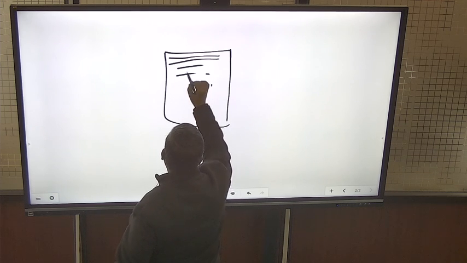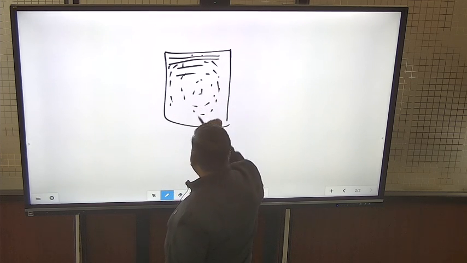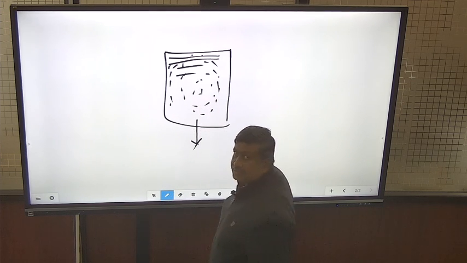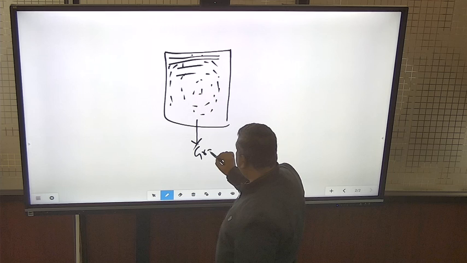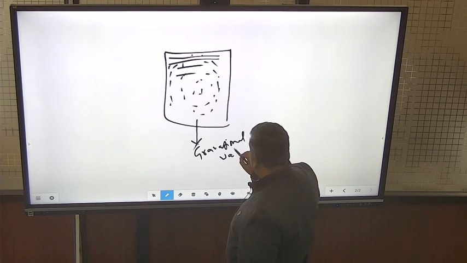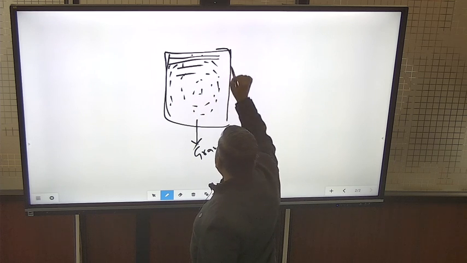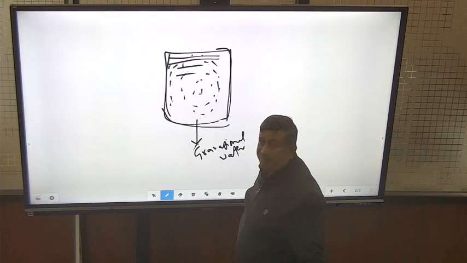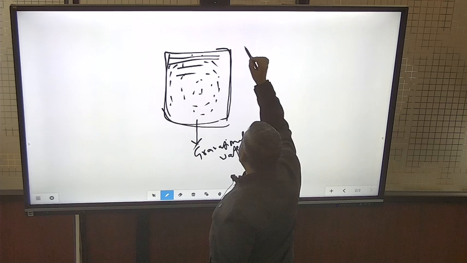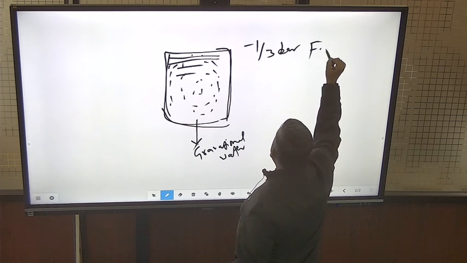Suppose this soil column is totally saturated, then the water in excess drains, which is known as gravitational water. This is drained easily. Then the water remaining in the soil is held by some force, and that force is minus 1/3 bar, and that is known as field capacity.